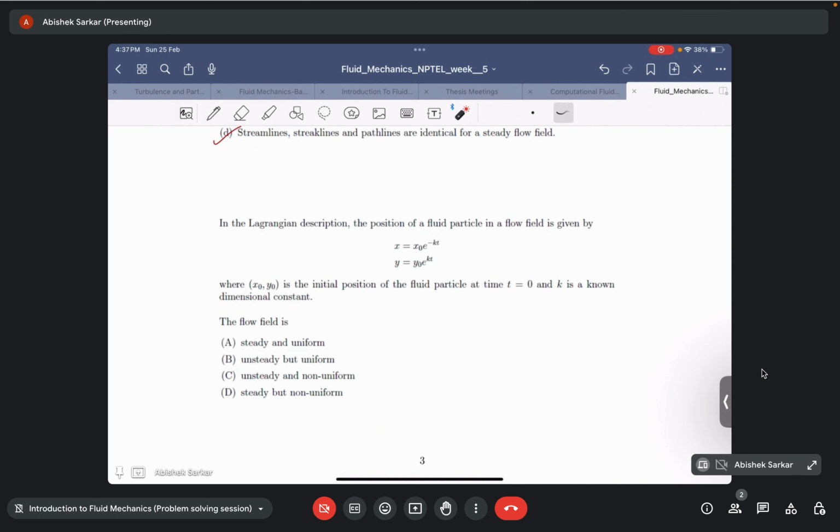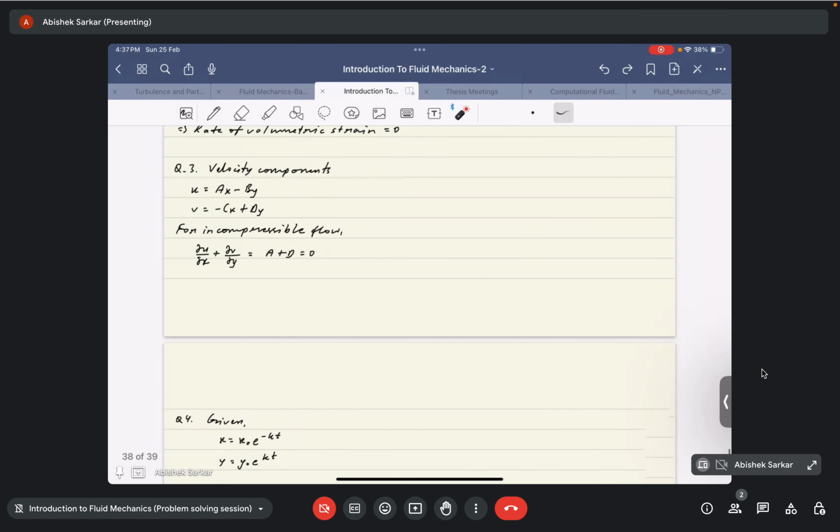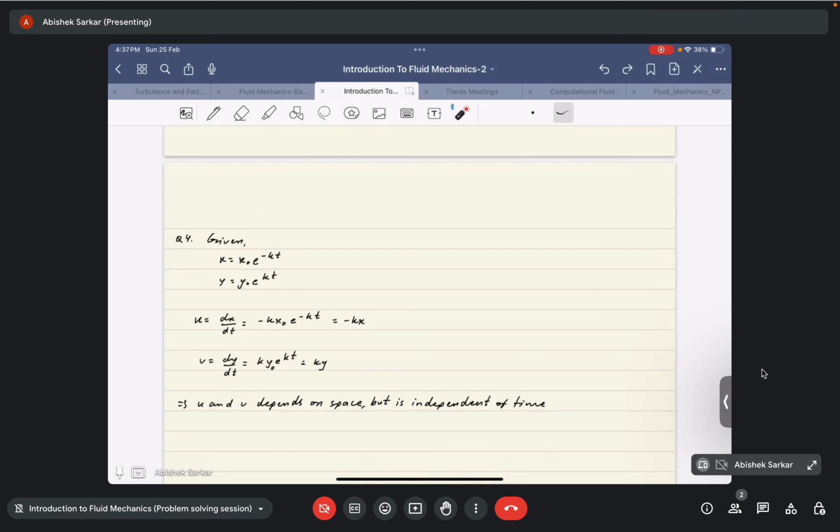Okay. So to do that, I guess we just need to take the derivative. We need to find the velocity field and try to see whether the velocity field depends on the time or not. Okay, depends on t or not. Okay, we just need to check that. So let us just find the velocity field from the given expression of the coordinates.